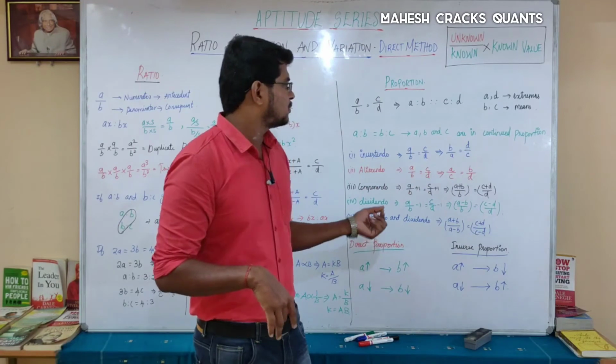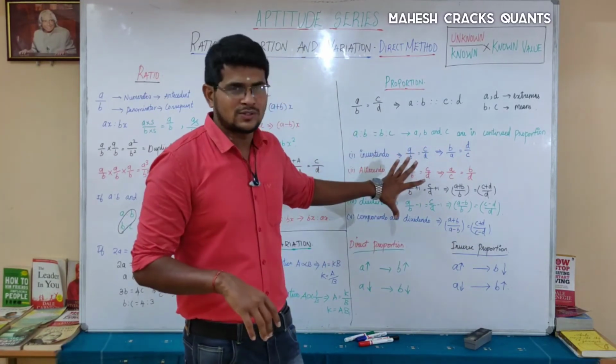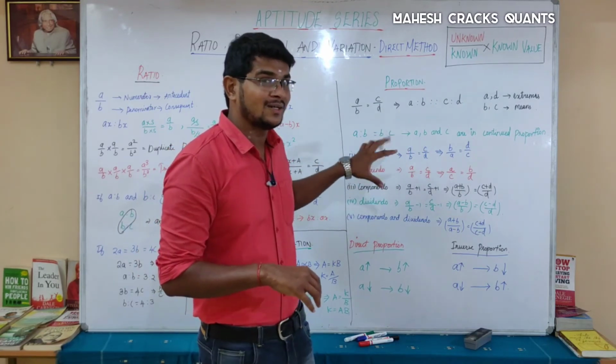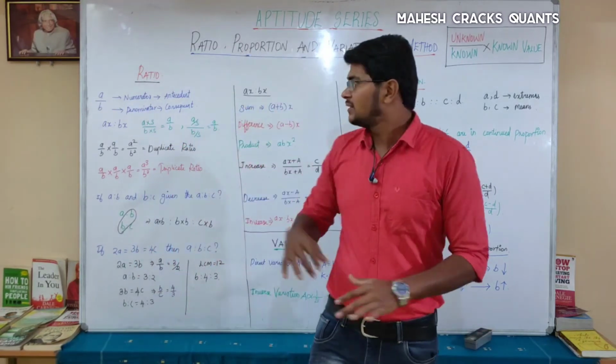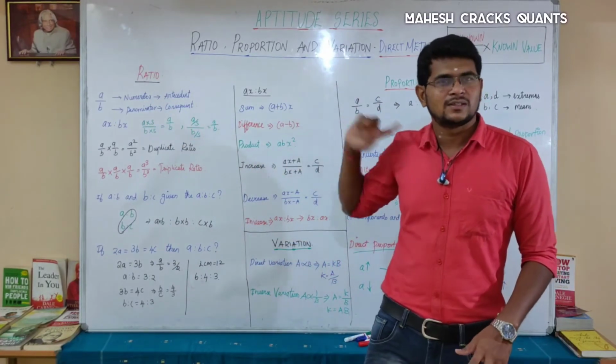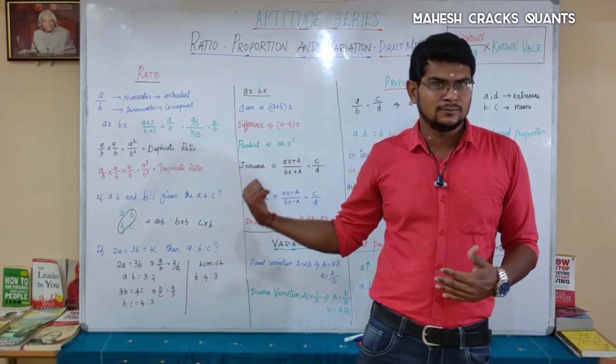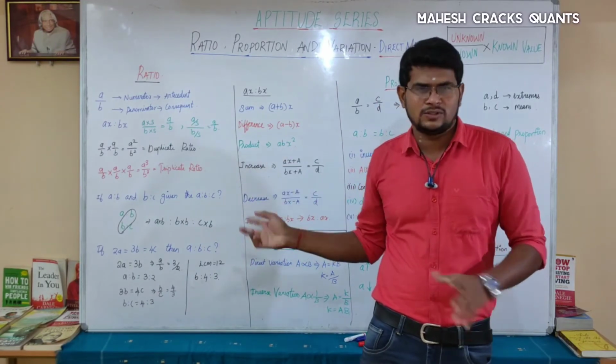When it comes to proportion, we are going to use direct and inverse proportion, these two parts. We will not use the other five, but you should know what they mean. When it comes to the ratio part, we will use all these methods: sum, difference, product, as well as increase, decrease, inverse, these kinds of things.